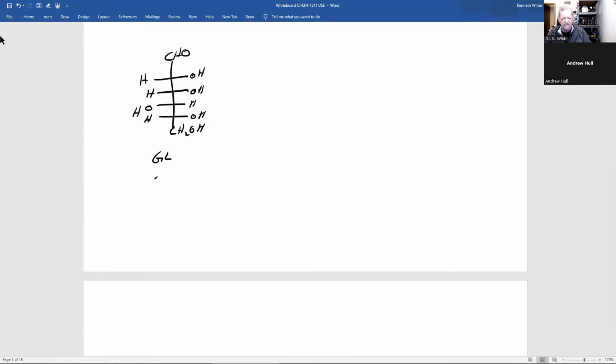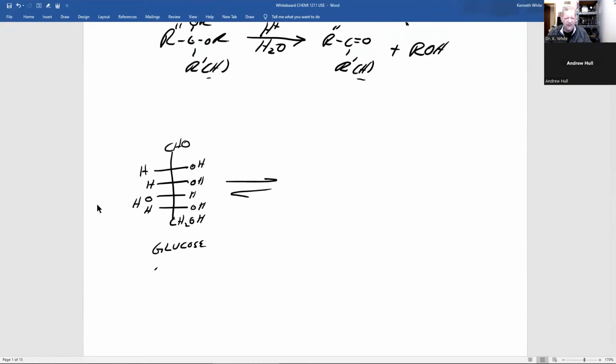This is glucose. And this equilibrium, what's the product or products of this reaction? It can react with itself, inside of itself. And the key reaction here is, if it was intermolecular between different molecules, you need an acid catalyst.